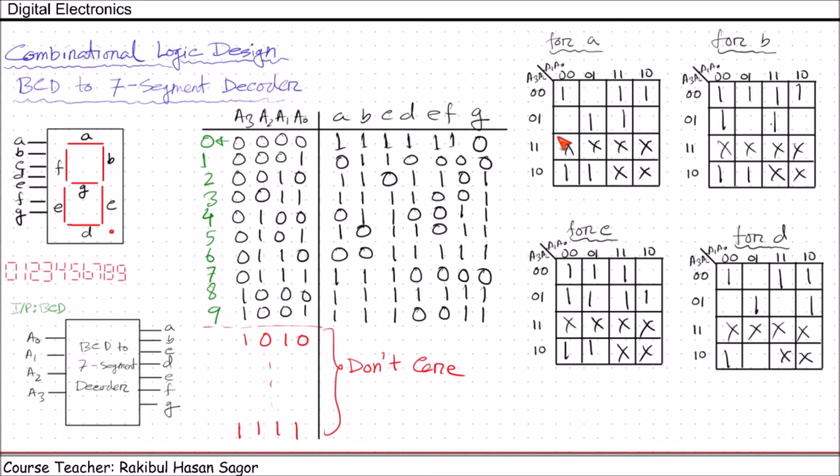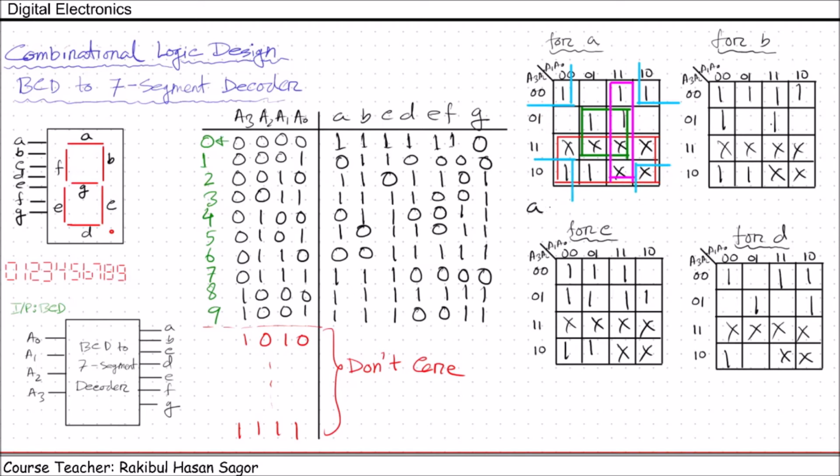Let us start the simplification process. You can take this box, this box, this box, and finally we can take the corner boxes.